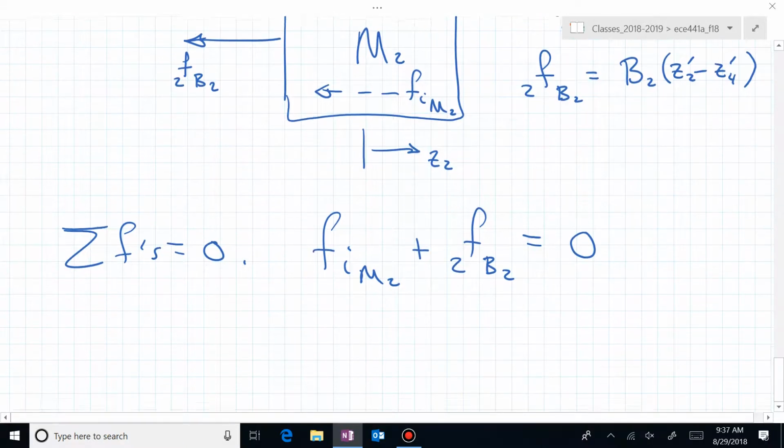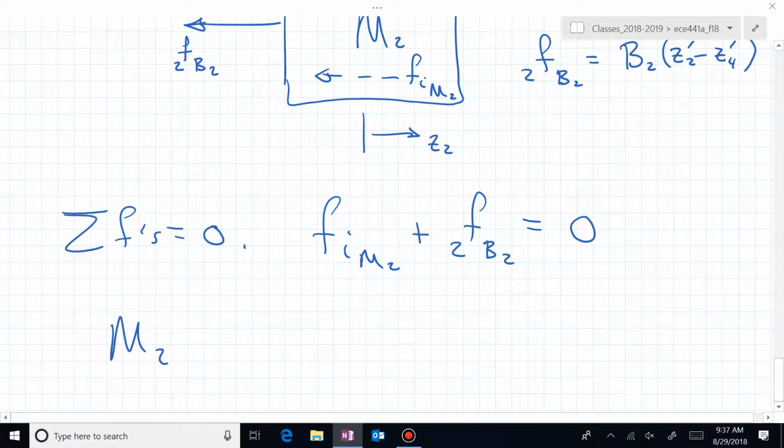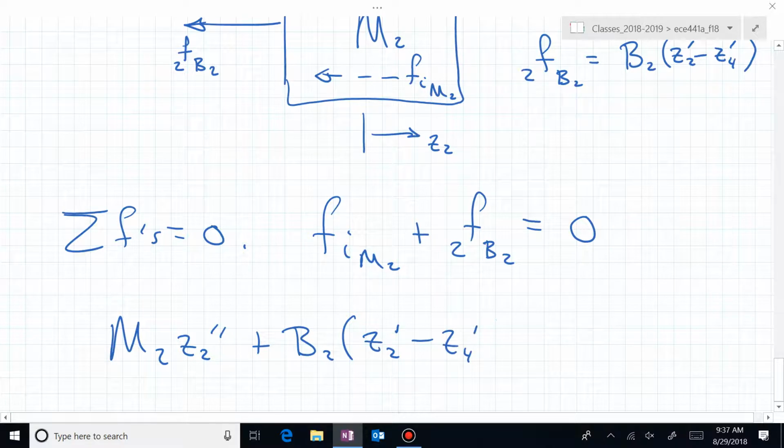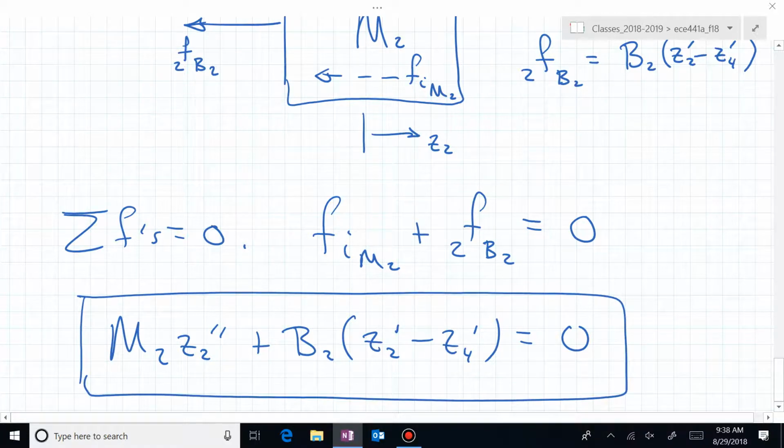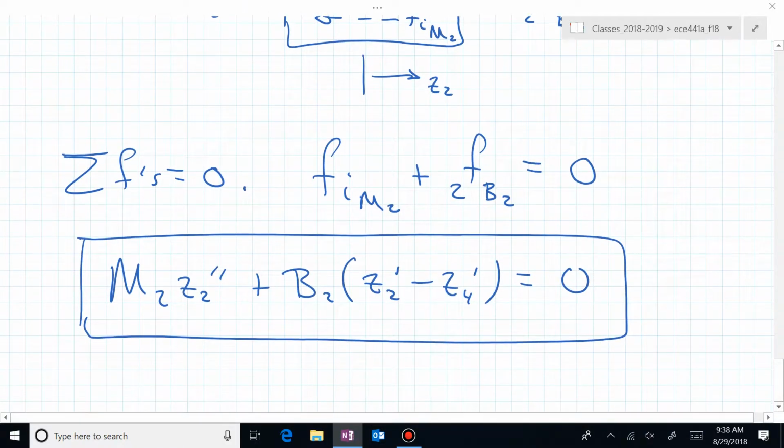Or we now have m sub 2 z sub 2 double prime plus b sub 2 times z sub 2 prime minus z sub 4 prime is equal to 0. We comfortable with that?